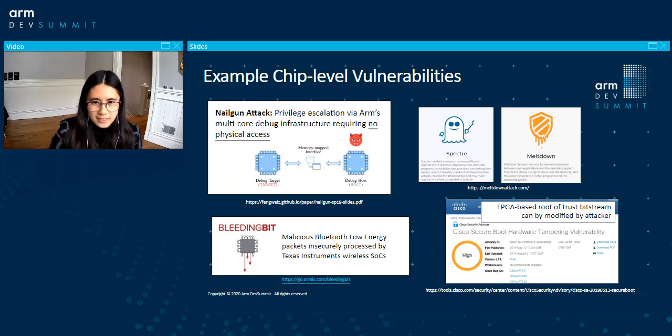And last but not least, the Cisco Secure Boot hardware tampering vulnerability has shown us that if there's fundamental flaws in how you implement your root of trust architecture, then security can be broken from the earliest points in system operation as soon as the design is powered on.